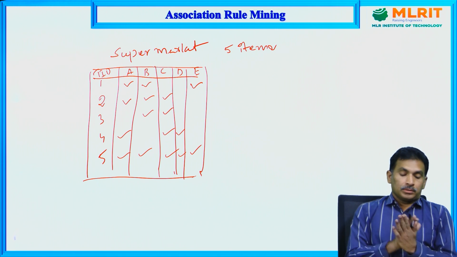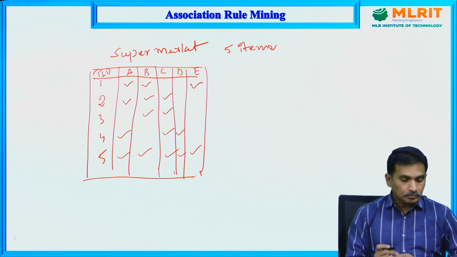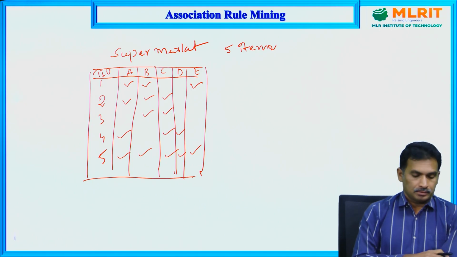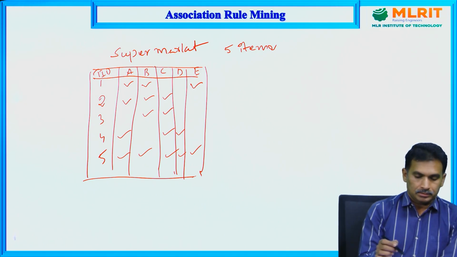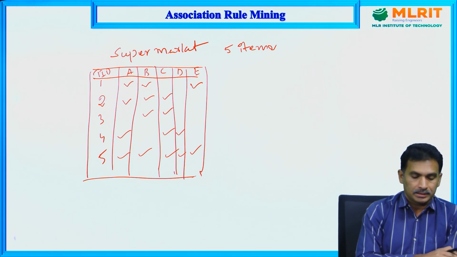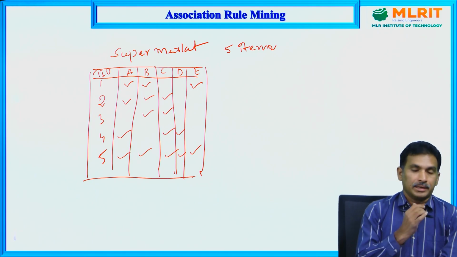But in a real-world database, this information would be recorded with an item code, item name or some other item identity given for each item.